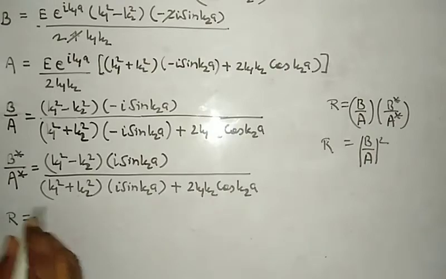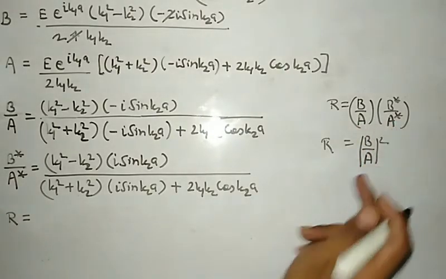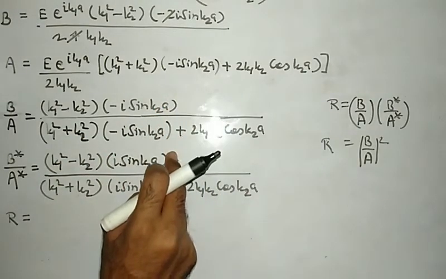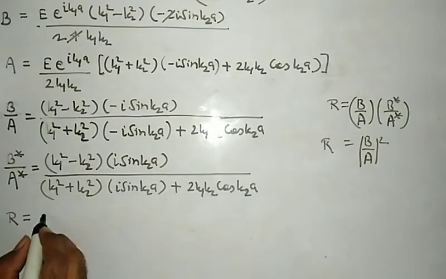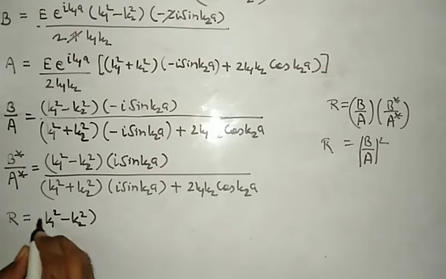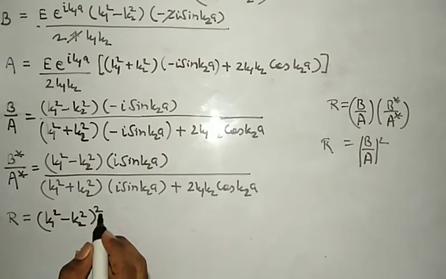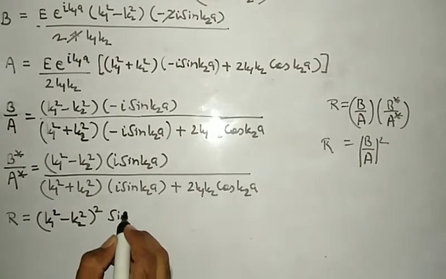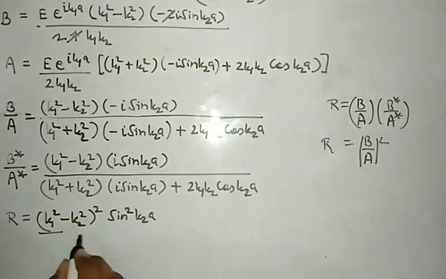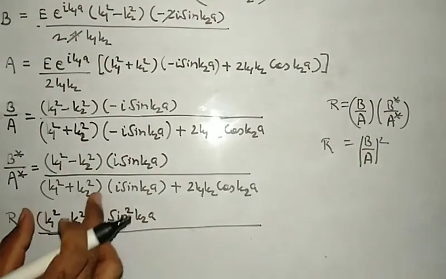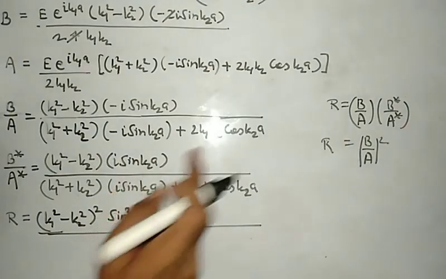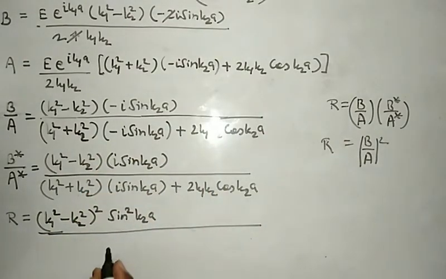What will be r? Yes, this is the multiplication of these two. So first see the numerator, what we get: k1 square minus k2 square whole square sin square k2a, i square is minus 1, so it becomes plus, upon, now here the denominator is in the form of a plus b and a minus b, so a square minus b square.